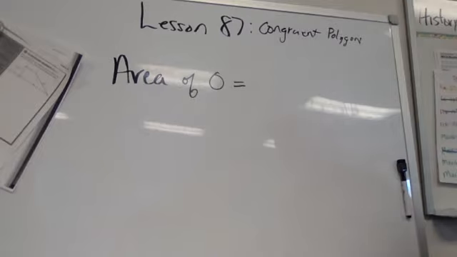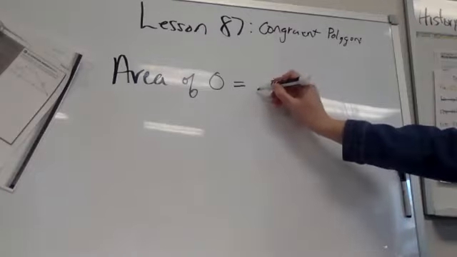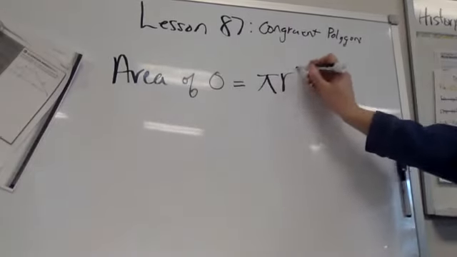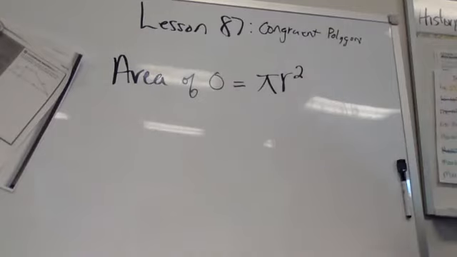So what you need to do here is find the area of one circle and then the area of the second circle and then subtract those two, basically. So remember, area of a circle is pi r squared. Okay, so that's your formula for that.